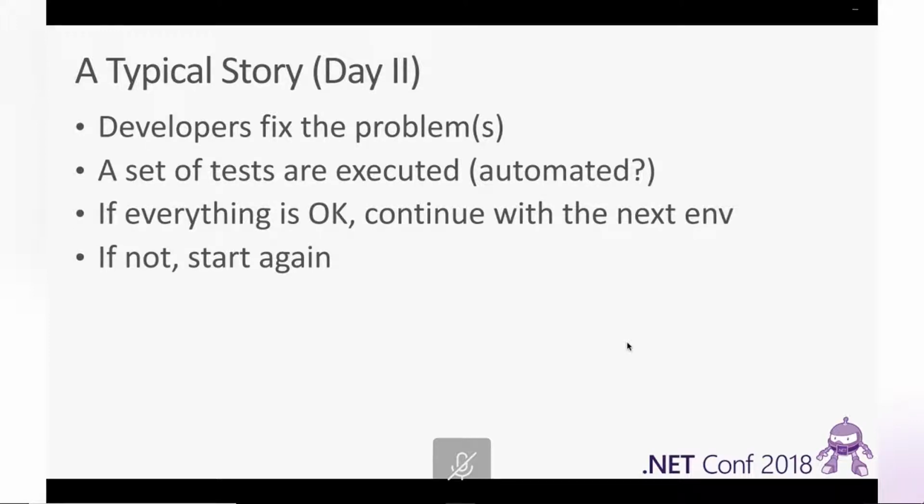If everything is okay, they continue with the next environment. If not, they start over again. So this is a repeated cycle, but they have to spend a really good amount of time trying to move things from their computer to a production environment.